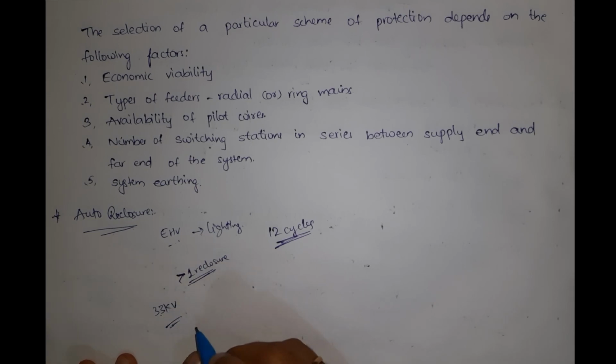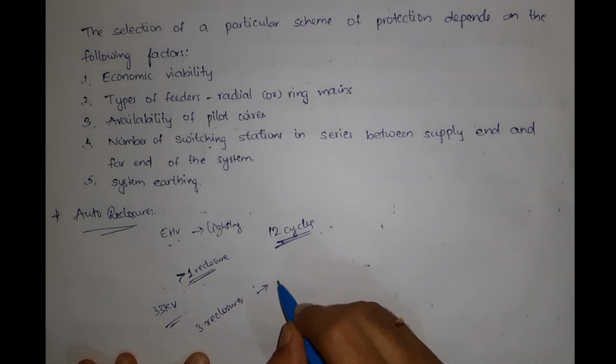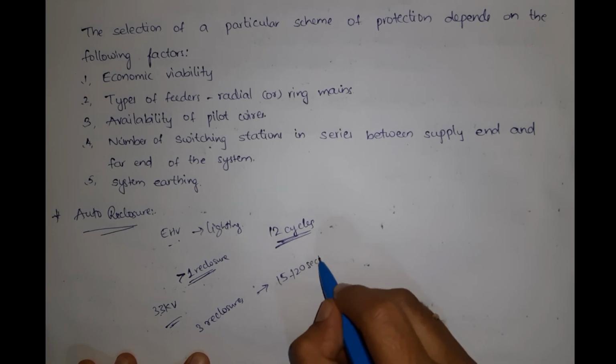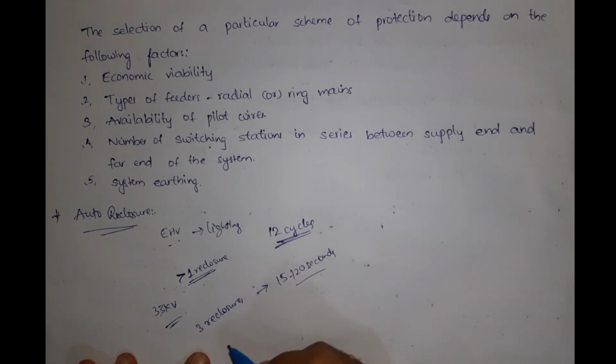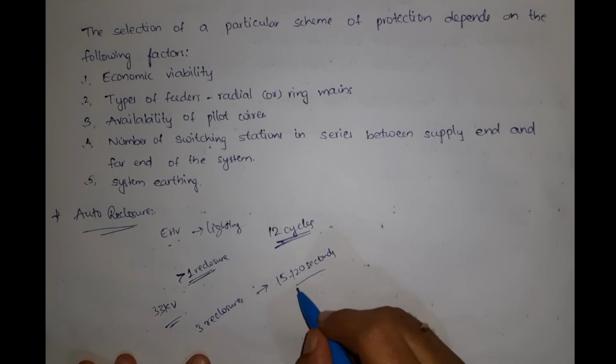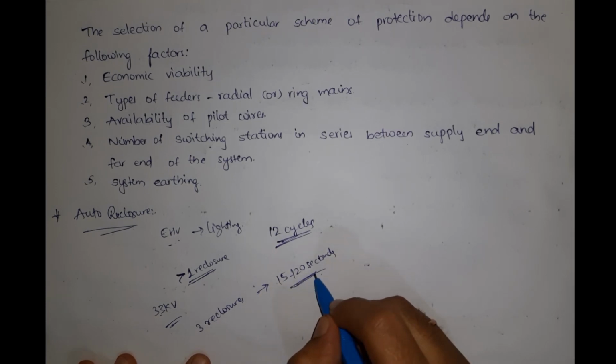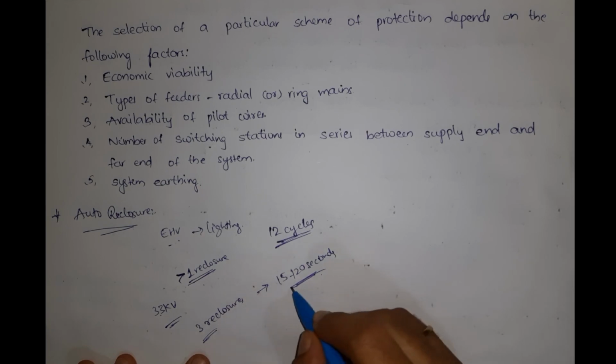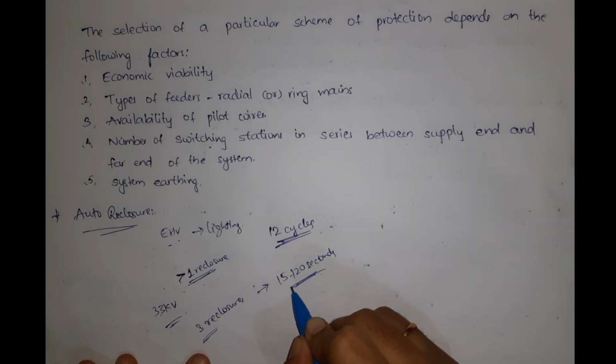So usually 3 reclosures, lasting nearly 15 to 120 seconds, are allowed, right? The protective system is designed such that it goes for 3 reclosures lasting nearly 15 to 120 seconds.